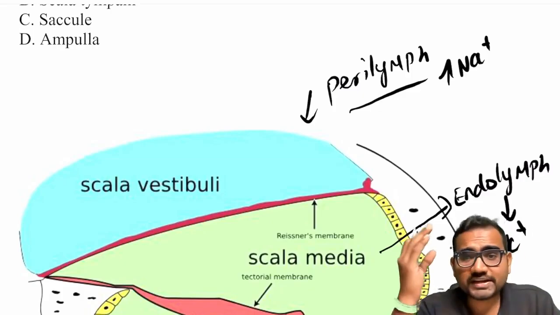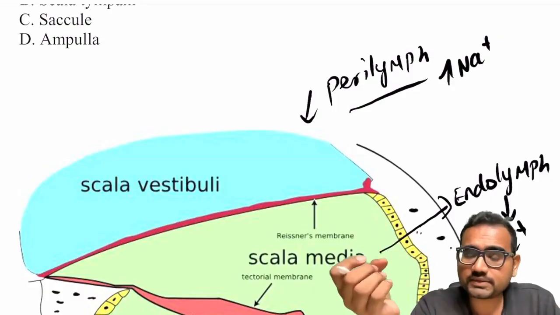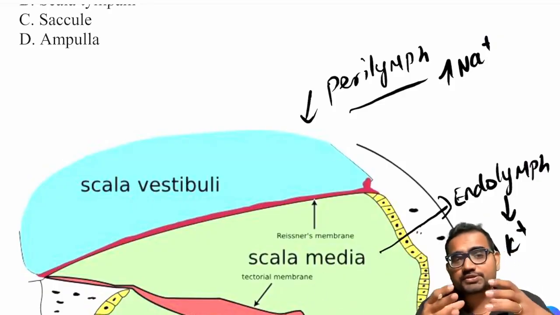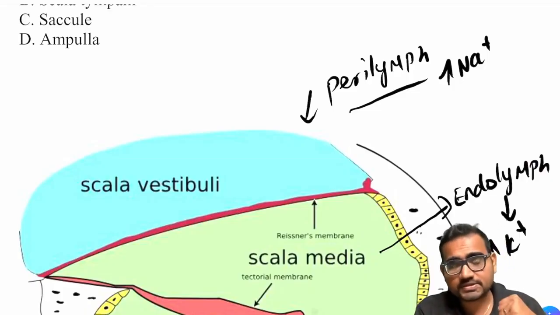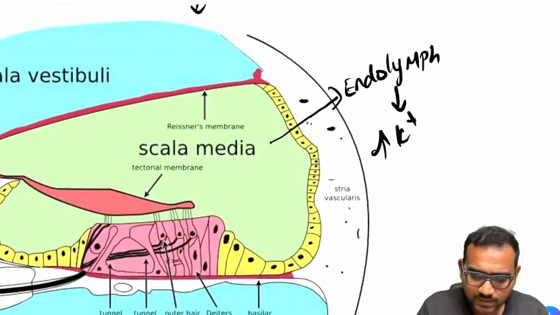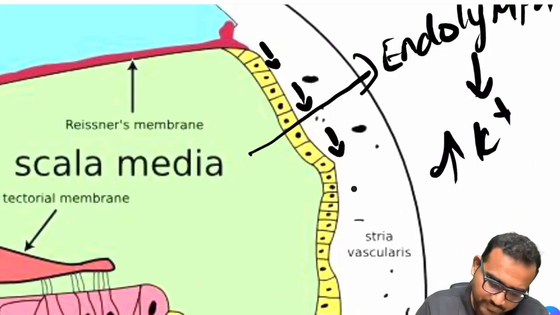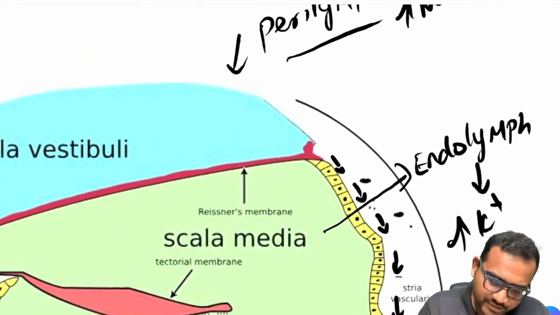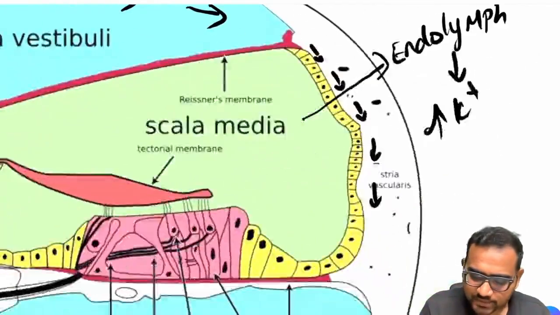Initially the vibrations perceived by the external auditory canal and the middle ear, once they reach the cochlea, are converted into fluid waves. The scala vestibuli, which has perilymph, converts the vibrations pushed by the stapes into fluid waves, and these are pushed via the basilar membrane.